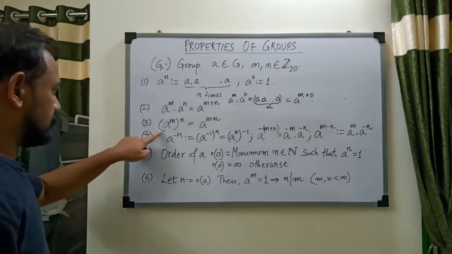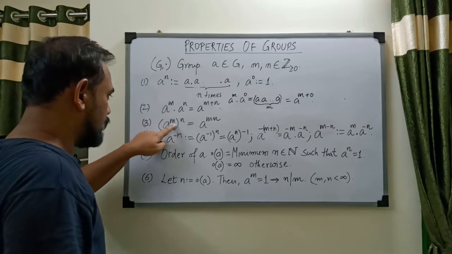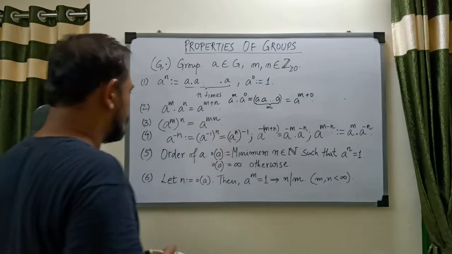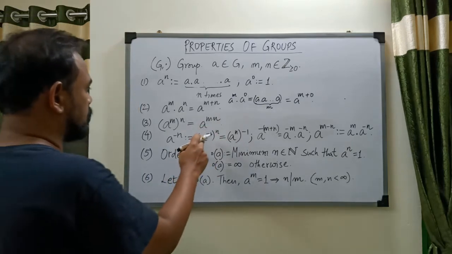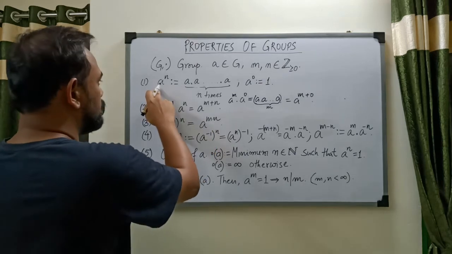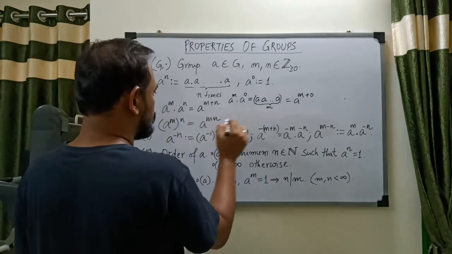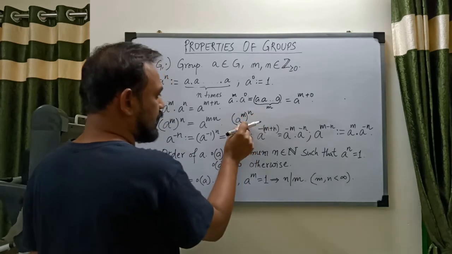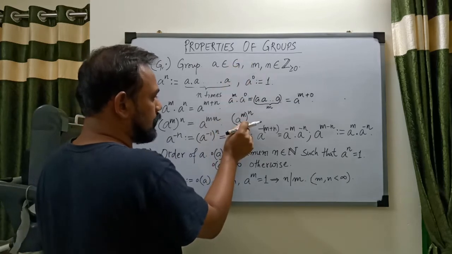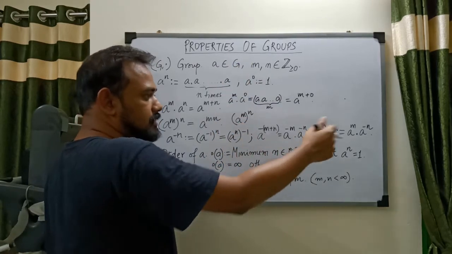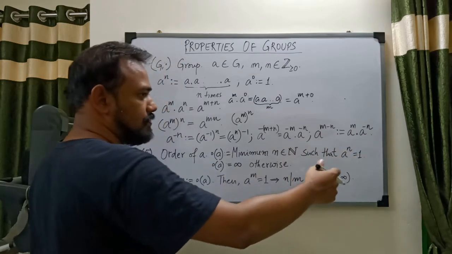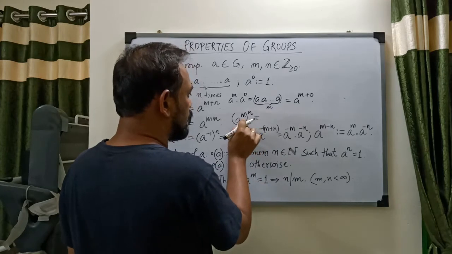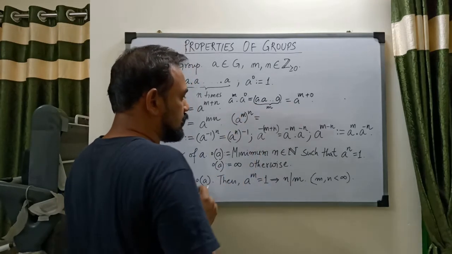All right, what about this one? (a^m)^n, that would be a^(mn). Well, again, it's very simple and straightforward from just the definition. Let's try that. So I have (a^m)^n. Now a^m is one element of G, because a^m means a multiplied with a, m times. That, by the closure property, is an element of G. So this is one element which is raised to the index n.